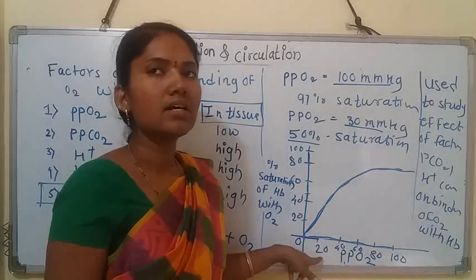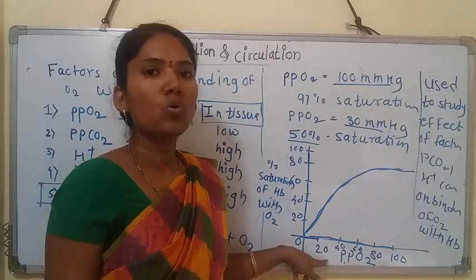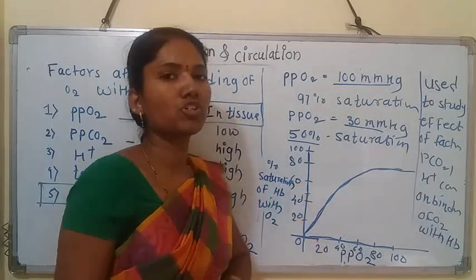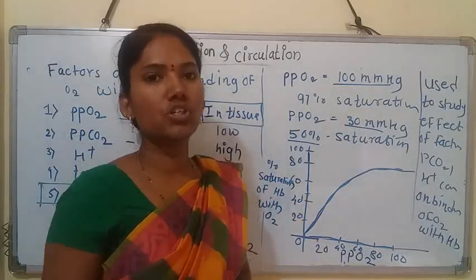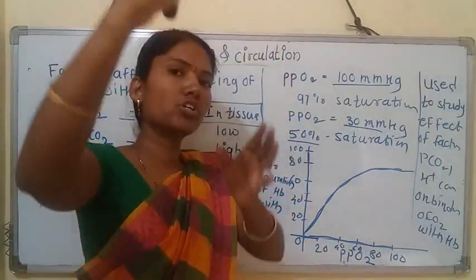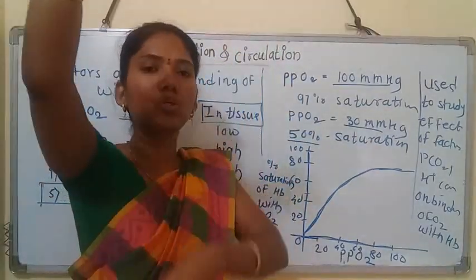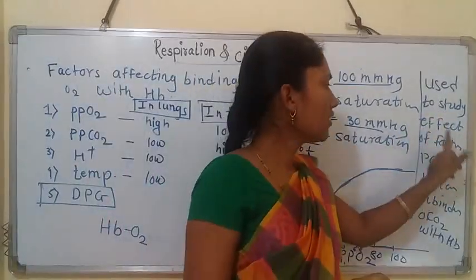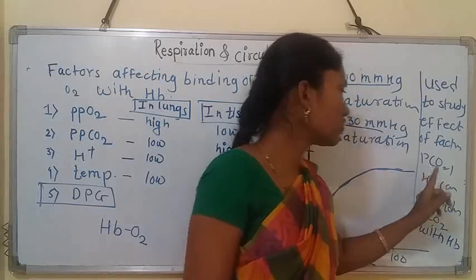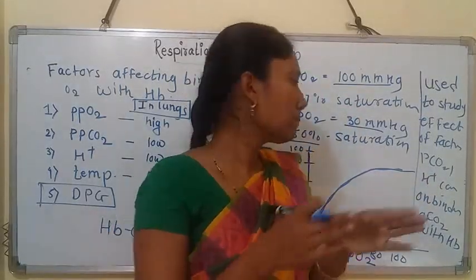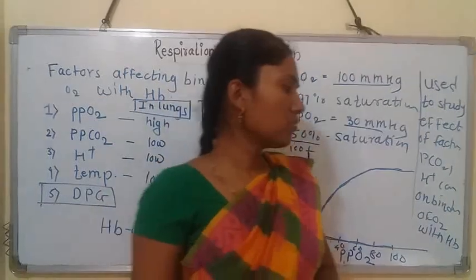On the x-axis there is partial pressure of O2 and on the y-axis there is percent saturation of hemoglobin with oxygen. As partial pressure of O2 increases, percent saturation also increases, but up to a certain limit. This curve is used to study the effect of factors like partial pressure of CO2 and H plus ion concentration on binding of O2 with hemoglobin.